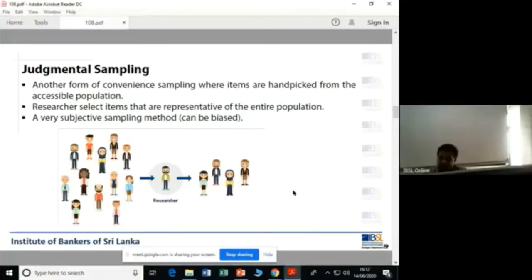Sometimes you can call this expert selection. You're an expert on that particular selection, and based on your expertise, you select a set of data points to be representative in your simple n or sample.